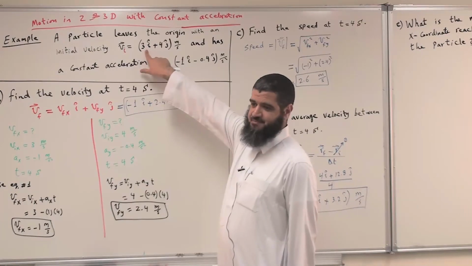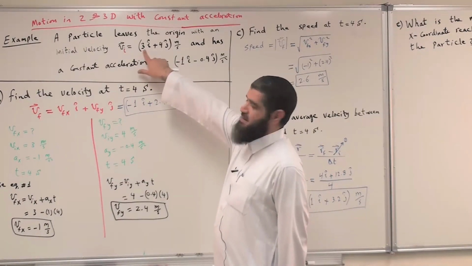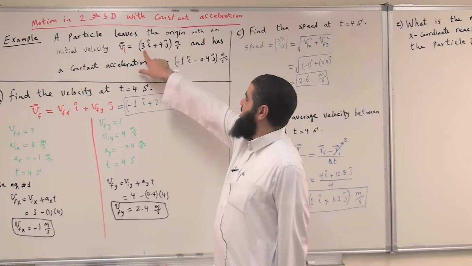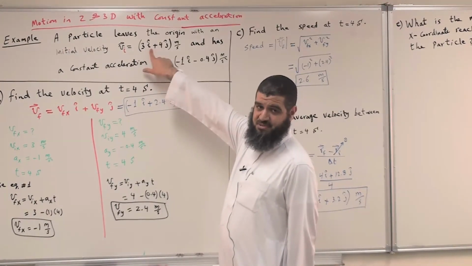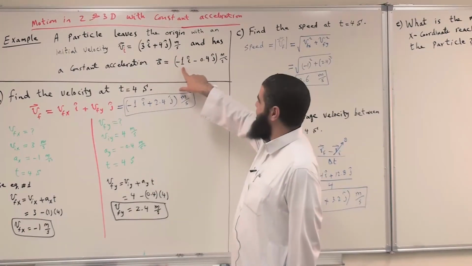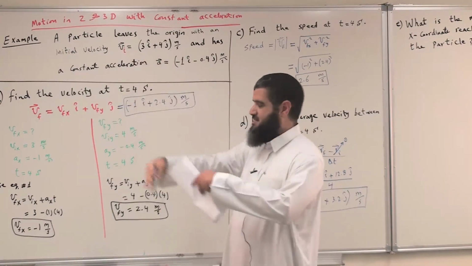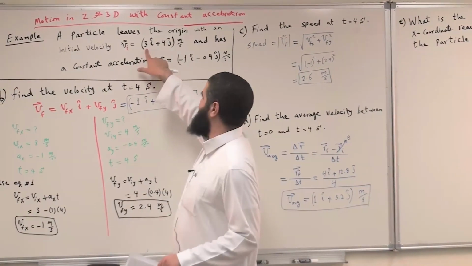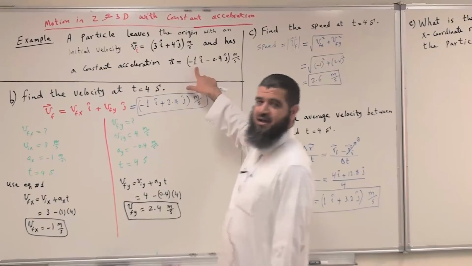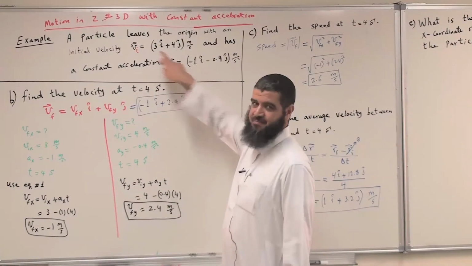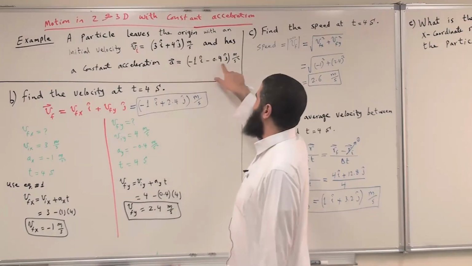It will decelerate. So we have positive 3. Let us talk about the x-axis. It has a positive component of 3 in the I direction, but the acceleration in the x direction is negative. So this x component will decrease with time because I have opposite sign for the acceleration and the velocity. Similarly for the y component.